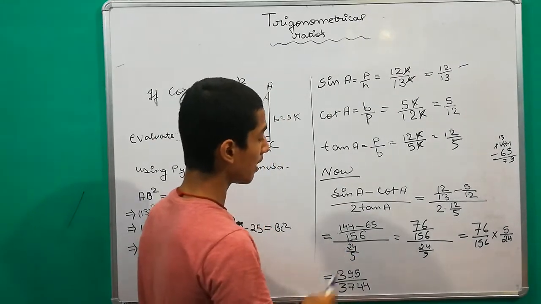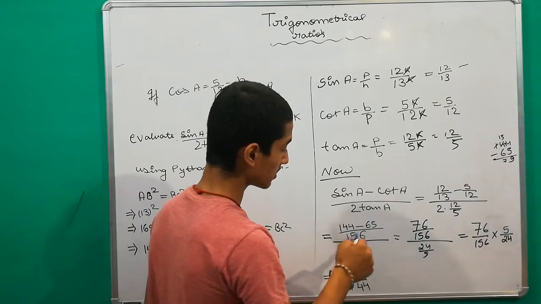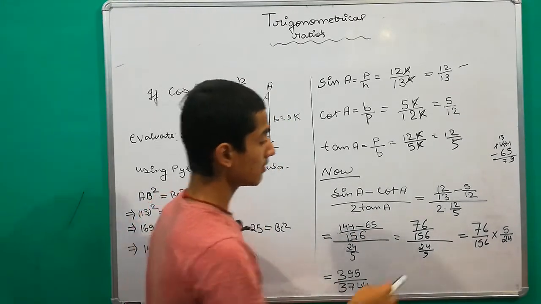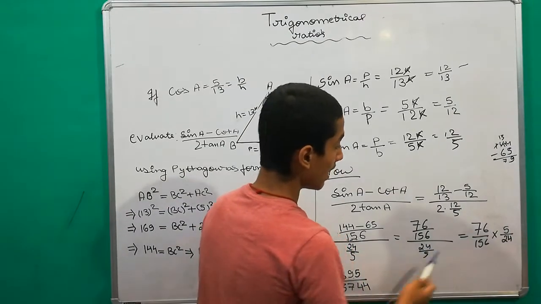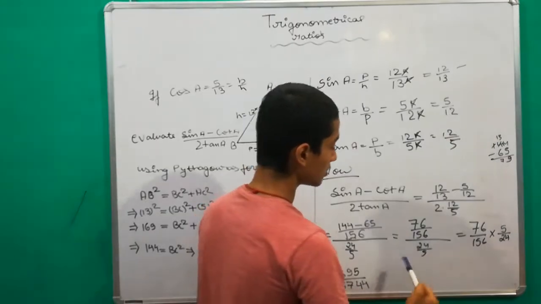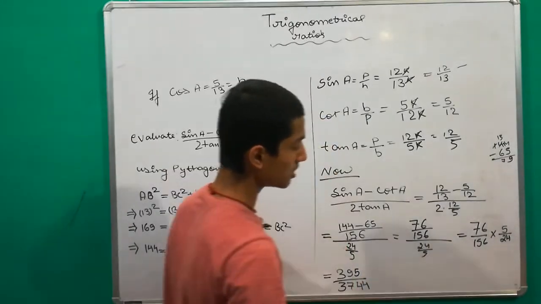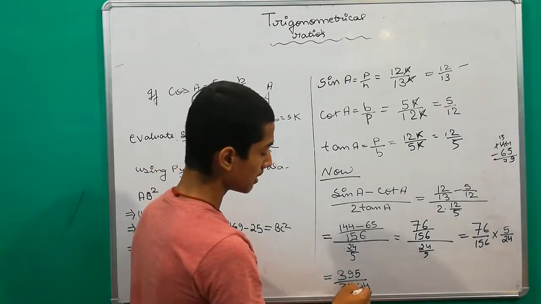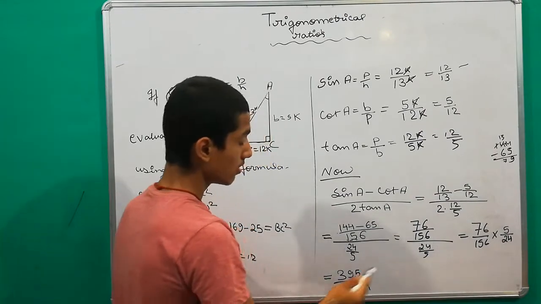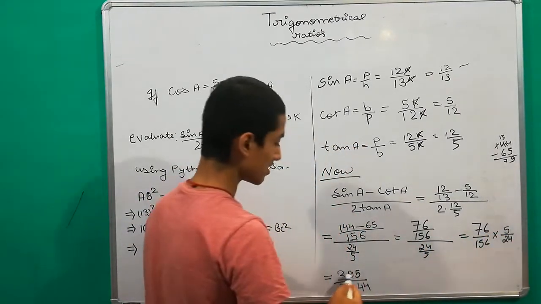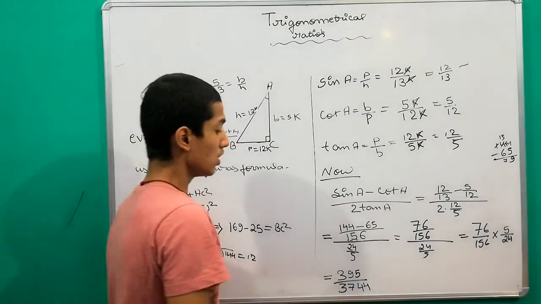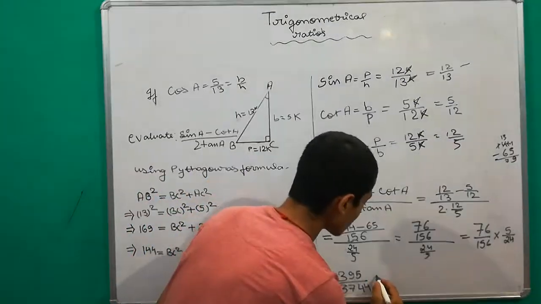After simplifying the numerator, we take the reciprocal and multiply each other because nothing is reducible here. After multiplying, 79 into 5 is 395, and 156 into 24 is 3744. So this is the answer.